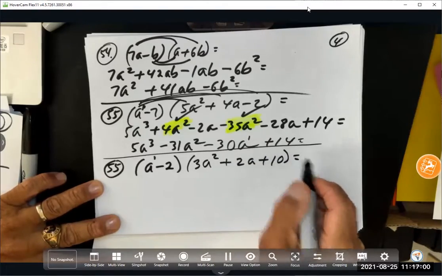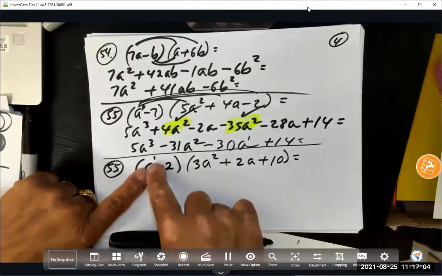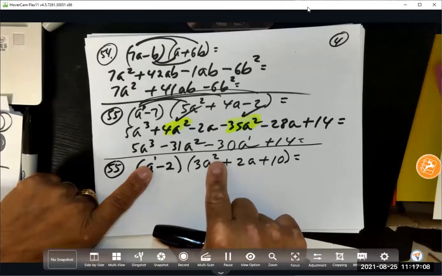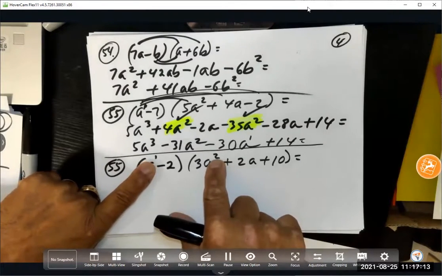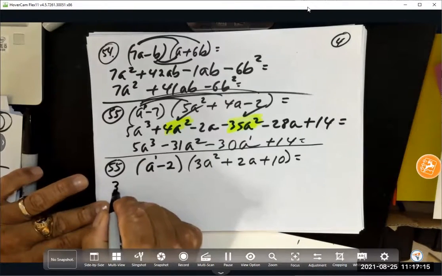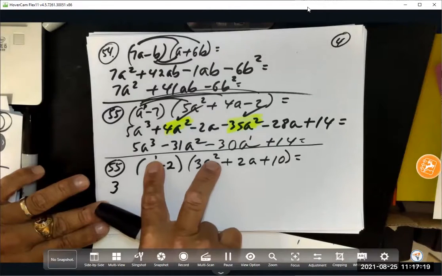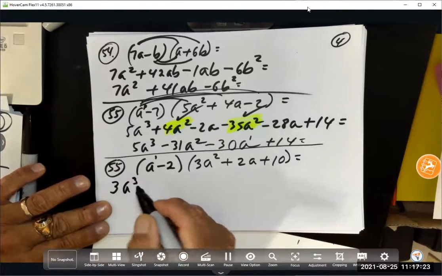So it looks like the same thing, right? Now, when you multiply a to the 1 power and a to the 2 power, you add the powers. So I see a 1 and I see a 2, so it's really going to be 3. What's 1 plus 2? 3, like that.